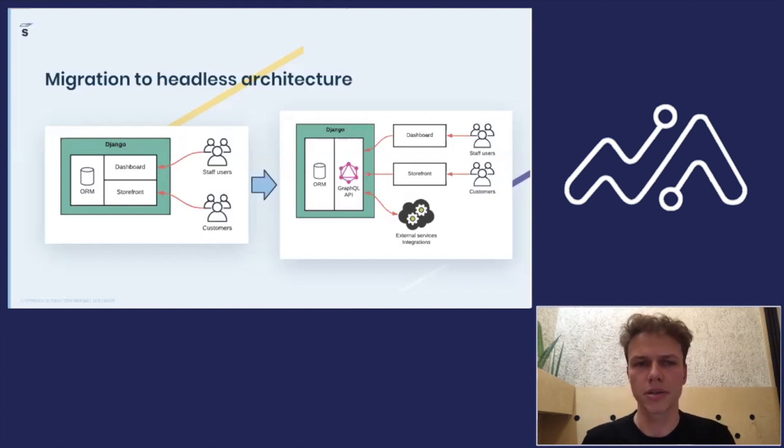Mainly, there were two reasons for that move. We wanted to unlock possibilities of a single-page application, which means you are getting dynamic user interface, which usually results in much better user experience. We also wanted to unlock ability to integrate Saylor with other services by exposing GraphQL API as a single access layer to the platform.